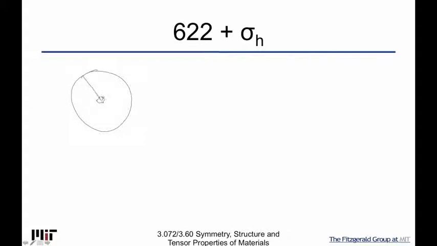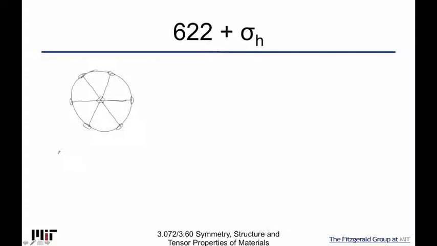We'll start off with the sixfold symmetry, but remember that in the 622 we have two twofold axes, so this is one set of twofold axes that are coming out of the face of the hexagonal pyramid.